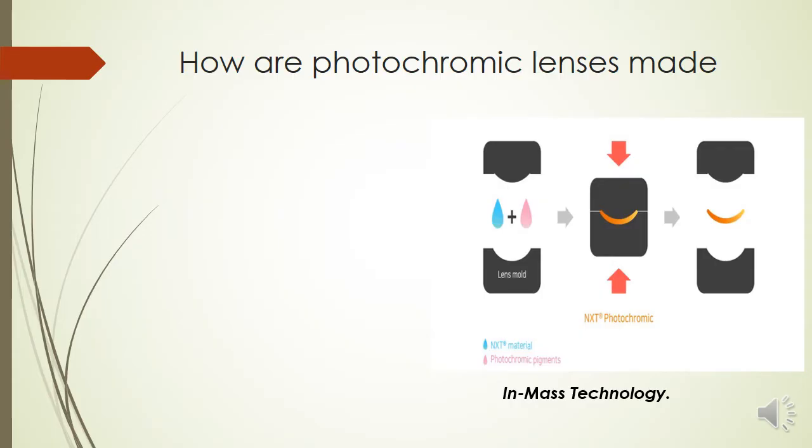The photochromic material is completely mixed with the lens material, and we get a final product which is a lens with photochromic ability. So there is no case where only the front surface or a particular part gets darkened. Here the complete lens reacts to the UV light and gives you a photochromic effect.